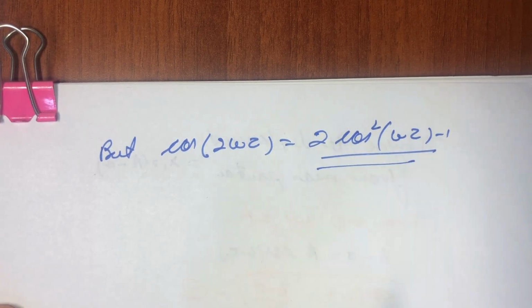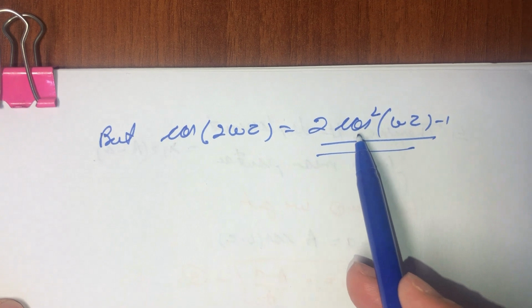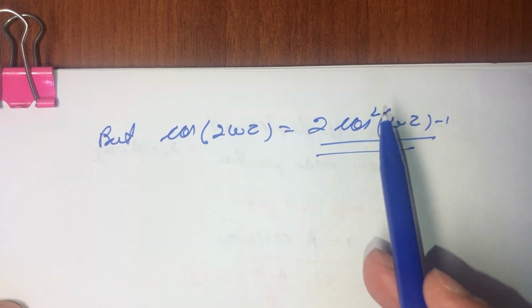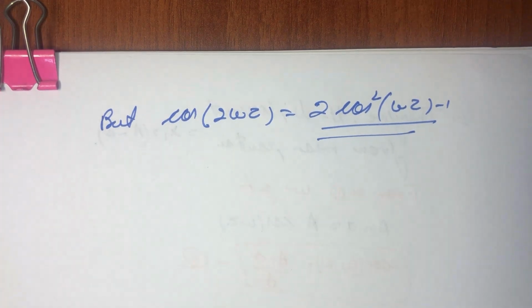This is our cos of 2 omega tau, and we already know that cos of omega tau we already calculated in equation 1.